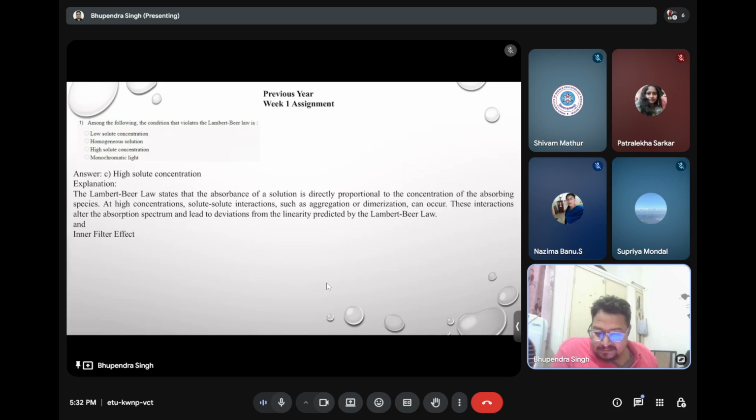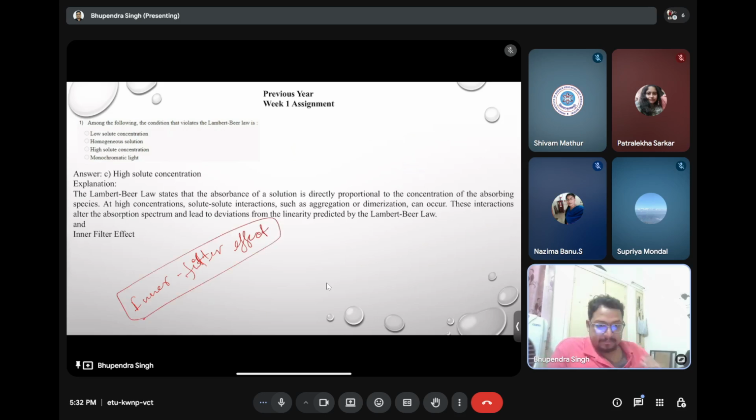Among the following, the condition that violates Lambert-Beer's law is... Have you studied or read about the inner filter effect? Anything about the inner filter effect?